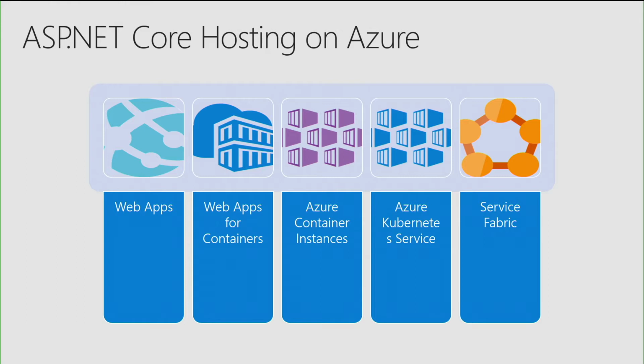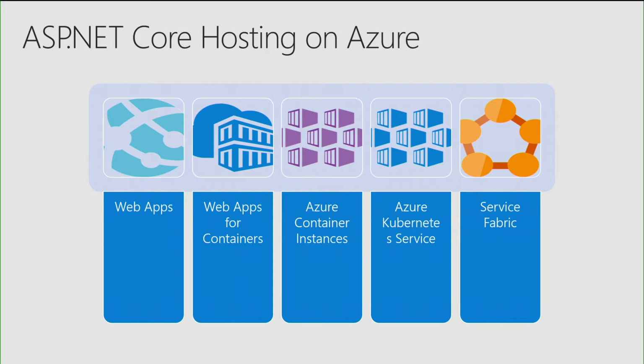If I want to have temporary services or if I'm writing a console app that does some high processing of images or batch jobs, I can wrap my application in a Docker container and have those fire up, process the workloads, and then fire down, and only be charged for the time that it actually runs. Our Azure Kubernetes Service is our managed Kubernetes service in Azure.